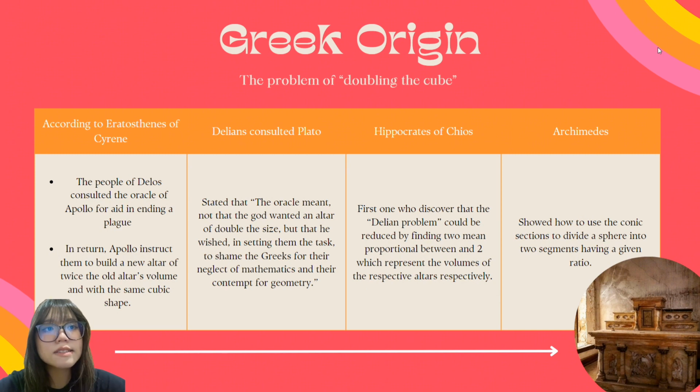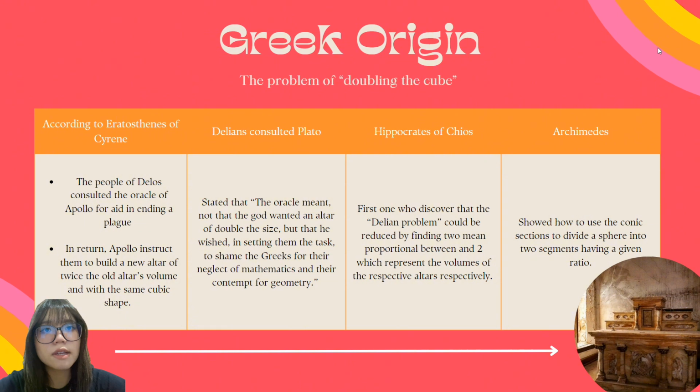Perplexed, the Delians consulted Plato, who stated that the oracle meant not that the god wanted an altar of double the size, but that he wished, in setting them the task, to shame the Greeks for their neglect of mathematics and their contempt for geometry.